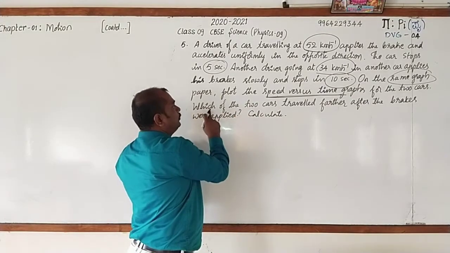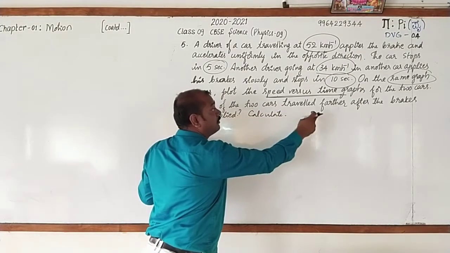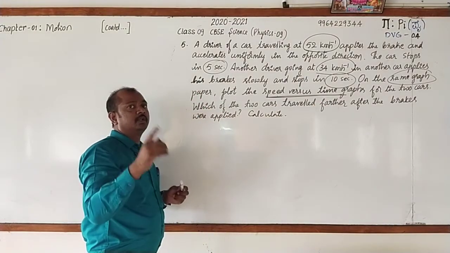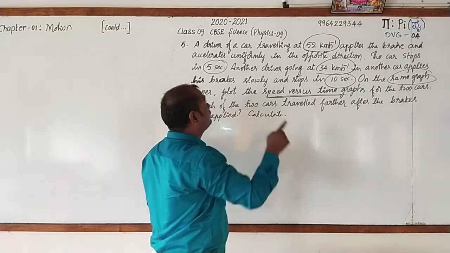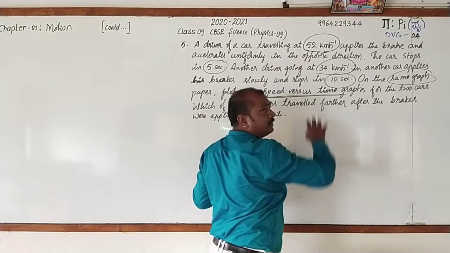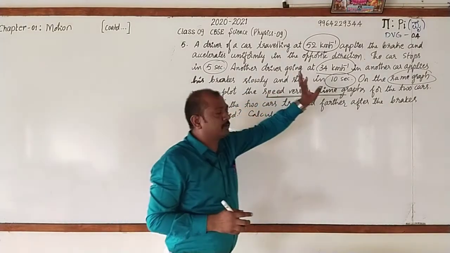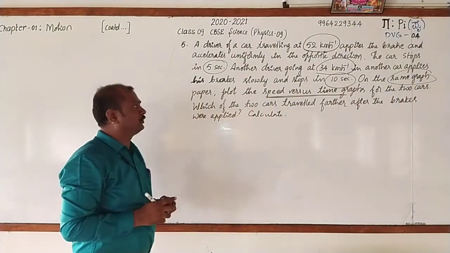After that, which of the 2 cars travelled farther after the brakes were applied? You have to find out the distance covered by the first car, and similarly the distance covered by the second car.